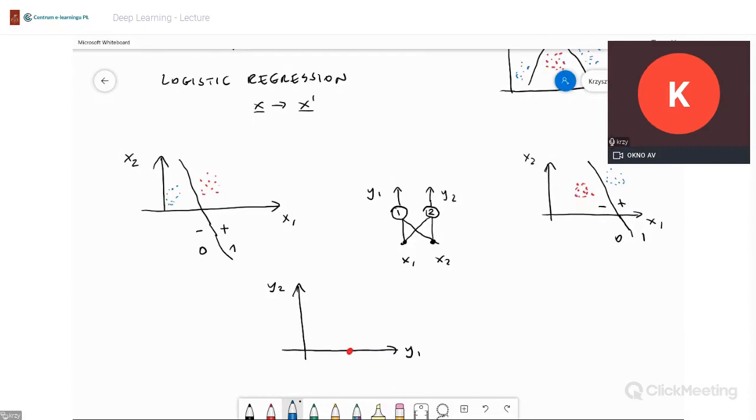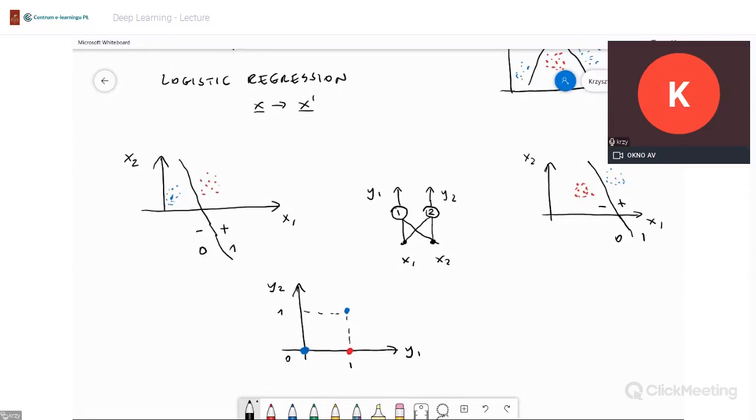We have two different clusters. The first cluster will be transformed into 0, 0, because a sample that belongs to this cluster is on the negative side of both the first and the second line. And the second cluster will be on the positive side, so samples from the second cluster will respond with 1, 1.